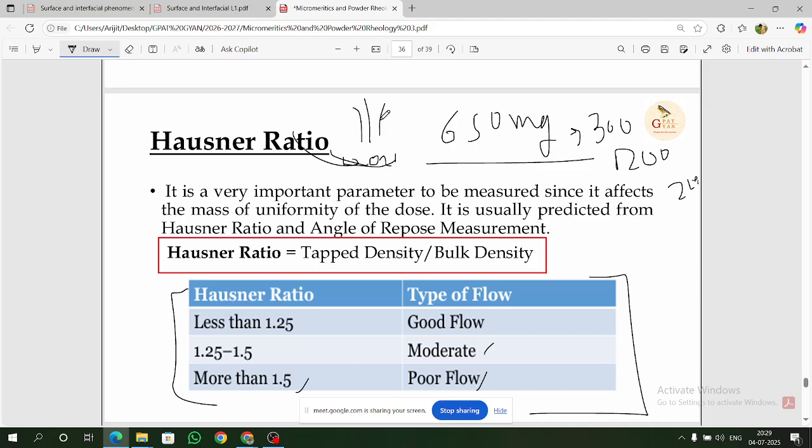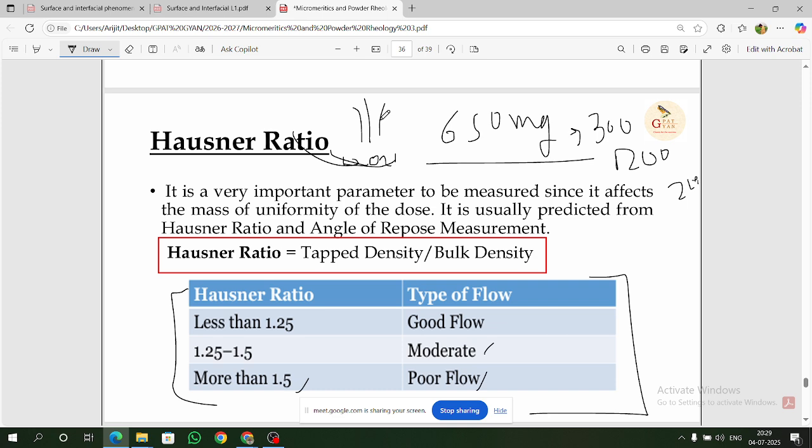The powder or granules are not able to flow and fill the die. If it is not filled with the optimum or uniform amount, the tablet will be defective. For that reason the flow property should be maintained properly.